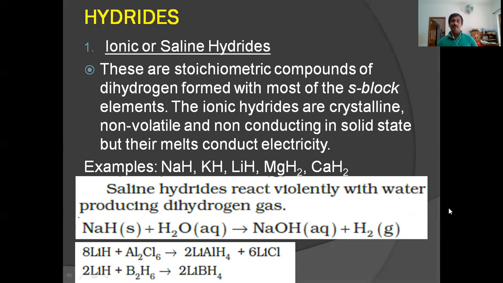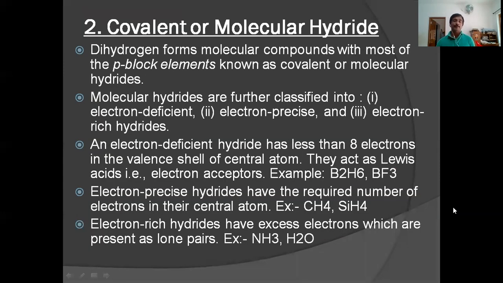But LiH can be used for making useful compounds such as lithium aluminum hydride or lithium borohydride. They are well-known reducing agents. So LiH plus Al2Cl6 gives LiAlH4, lithium aluminum hydride, that is a reducing agent. LiH plus B2H6 gives LiBH4, that is also a reducing agent.